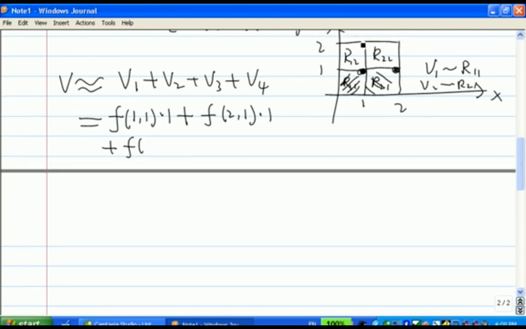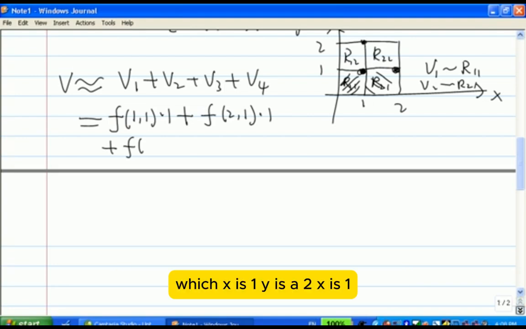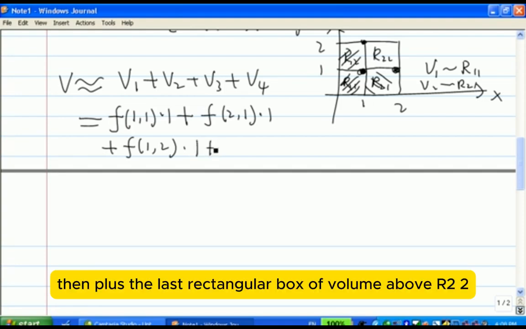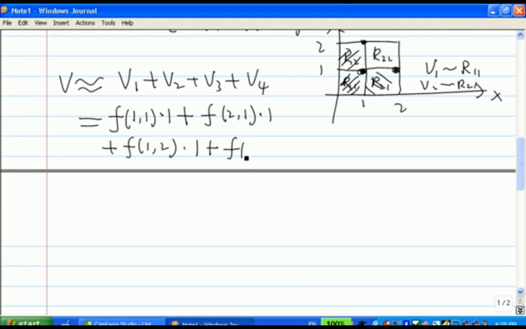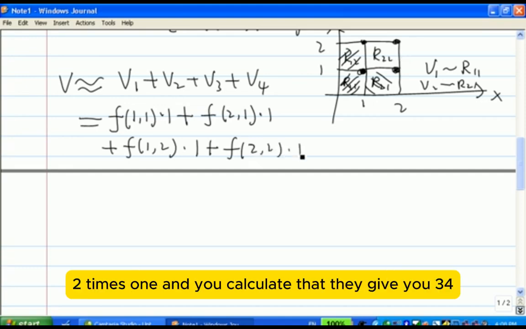The upper right corner is this point, where x is 1, y is 2, then times base area 1. Then plus the last rectangular box volume above R22, which is f of the upper right corner, 2, 2, times 1.